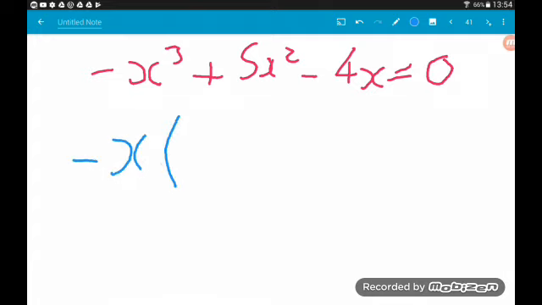Now, what that's going to do, it's going to reduce the power of x of each term, as before, but the negative part is going to flip the signs. So it's going to leave us with a positive x squared, which makes it easier to factorise. So, when you take out a factor of minus 1, anything negative becomes positive, anything positive becomes negative.